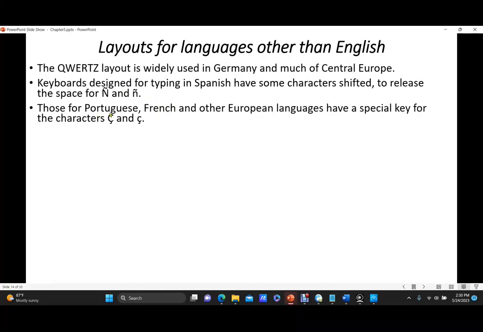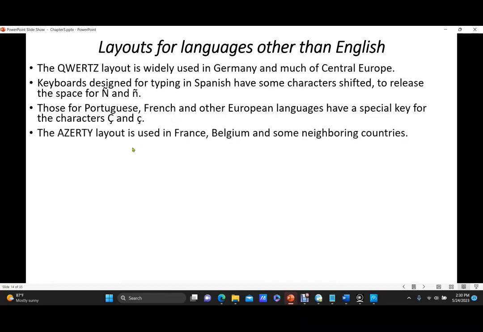Keyboards designed for use by Portuguese, French, and other European languages have a special key for the C cedilla character. The AZERTY layout is used in France, Belgium, and some neighboring countries.